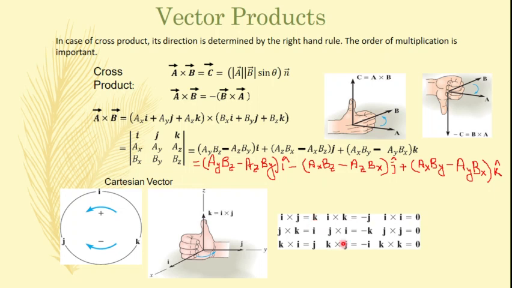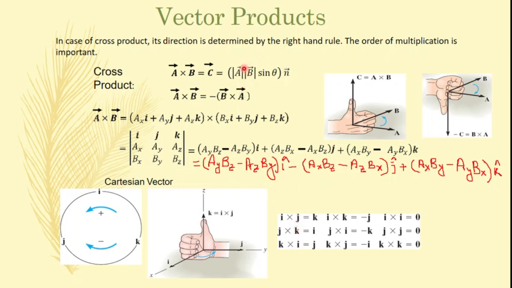Because the angle between this i and j is 90 degree. If it is 90 degree, then this sine theta becomes 1, because sine 90 is 1, and the magnitude of this i and j is 1.